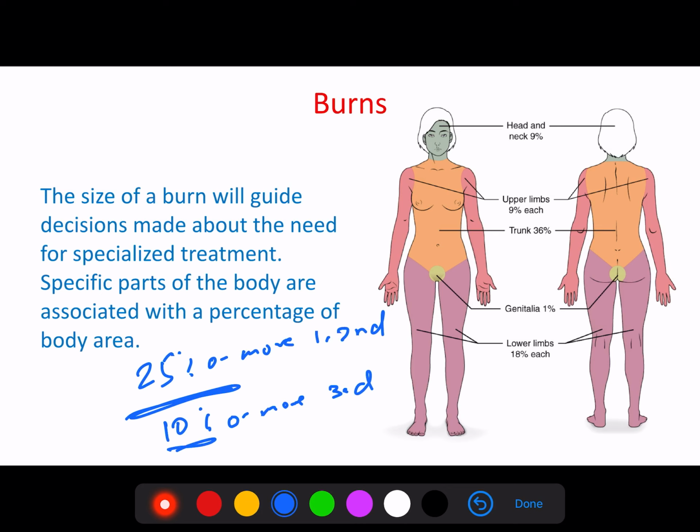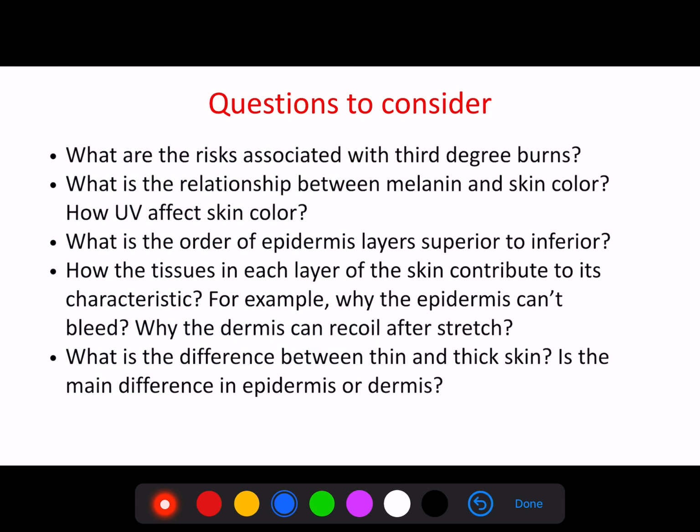Burn patients are usually treated in a very sterile condition that is more sterile than an operation room because their internal environment is open to the atmosphere. So it's a very controlled environment that they have to be within in order to prevent any widespread or universal infections in their body. So that's it for the skin.